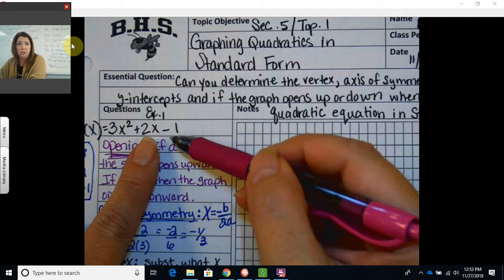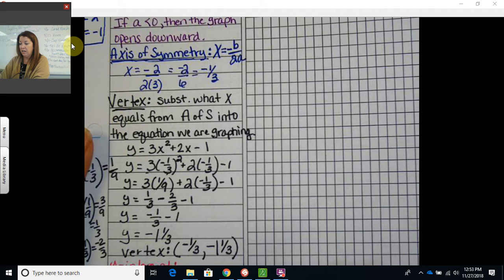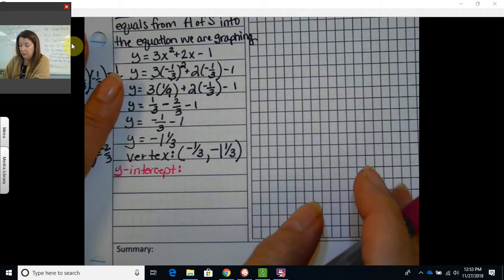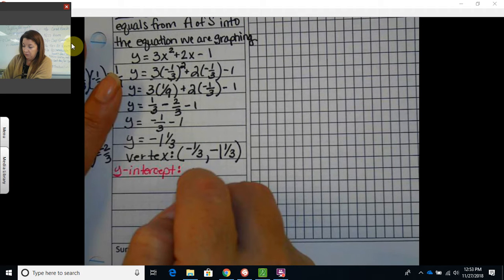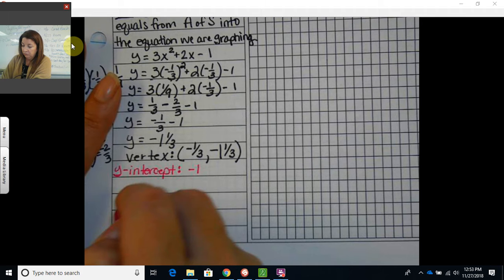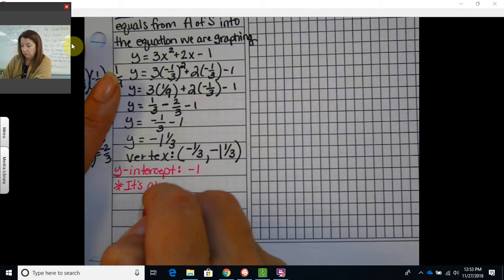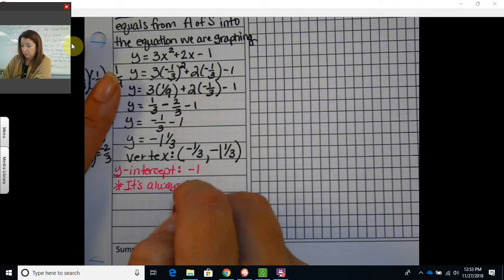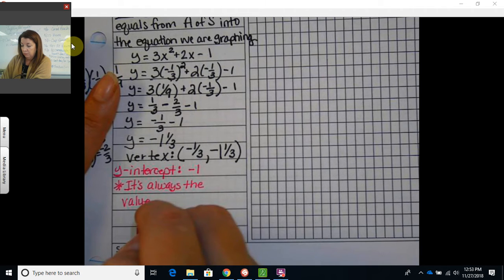So the y-intercept, sorry I moved this paper up and down so much, is negative 1. Make yourself a note. It's always the value of c.